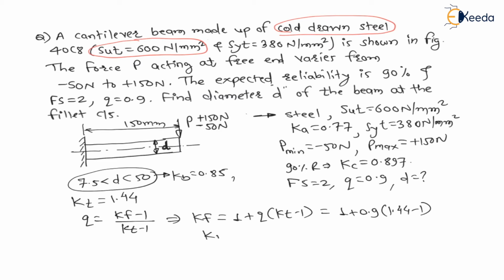If you calculate the actual stress concentration factor Kf, you will get 1.396. Therefore the modified stress concentration factor Kd is equal to 1 upon Kf, which is 1 upon 1.396, and you will get 0.716.